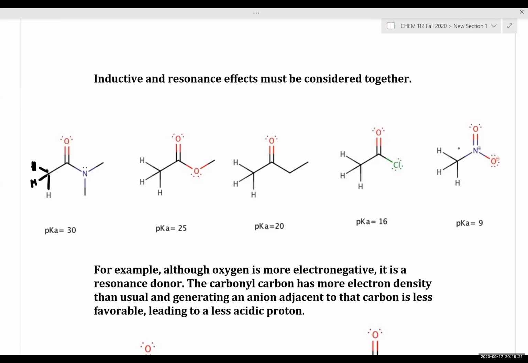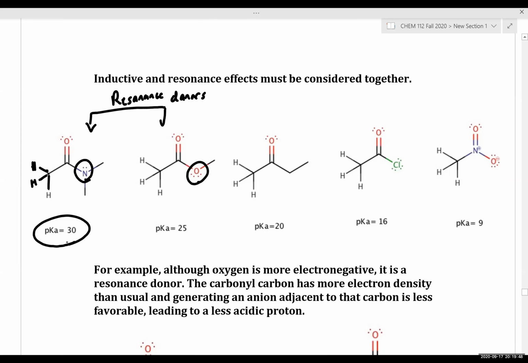We can rationalize the first two pKa values by noting that nitrogen and oxygen are resonance donors. Nitrogen is a more effective donor than oxygen. So in turn, nitrogen destabilizes the anion more readily, resulting in a larger pKa value. Does that make sense?